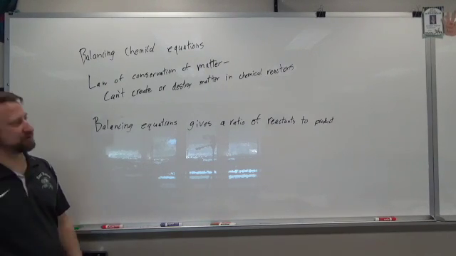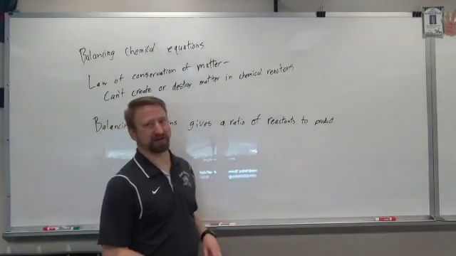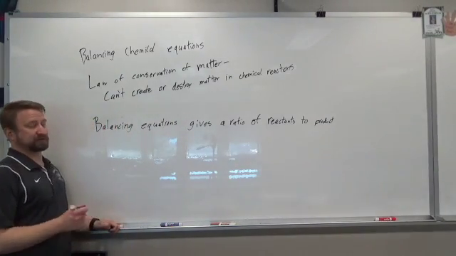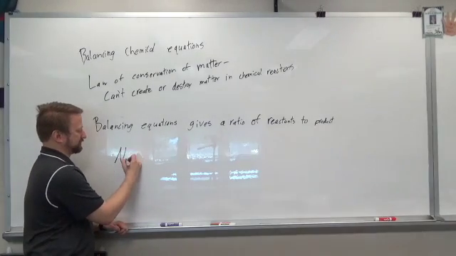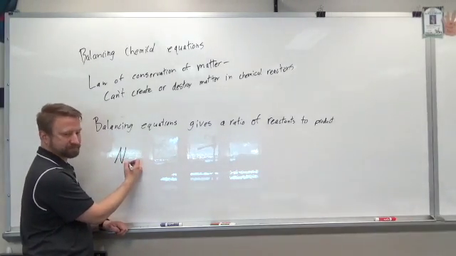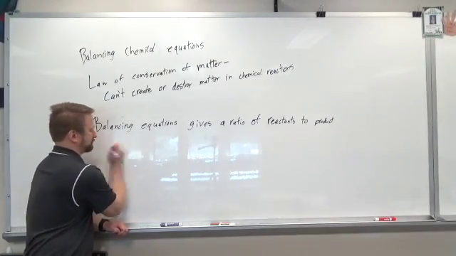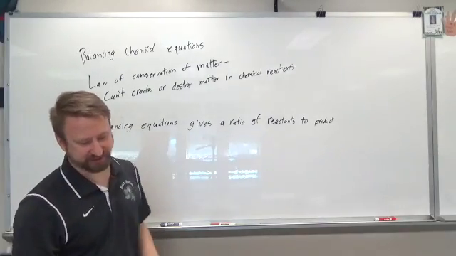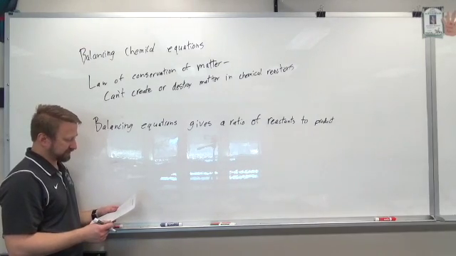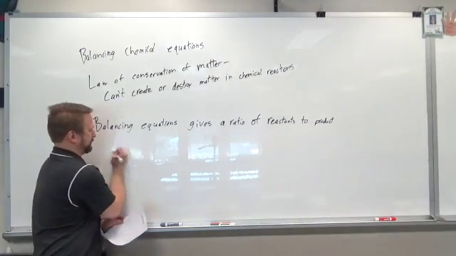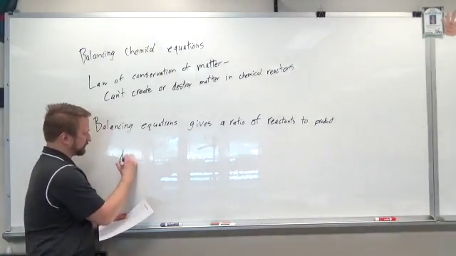So our next thing we should probably look at is what's a reactant and what's a product. We're going to put a chemical reaction up here. How about this one?